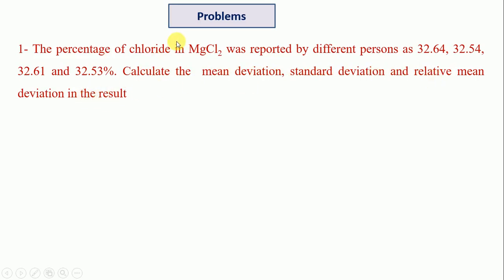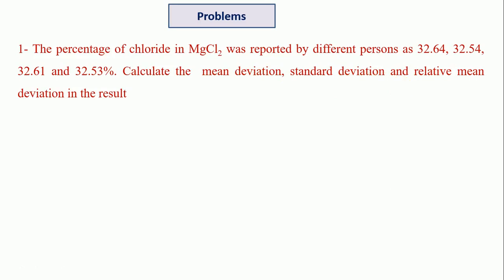So see, 4 different persons determined the chloride percentage in MgCl2, and that percentage is given as 32.64, 32.54, 32.61 and 32.53. And now calculate the mean deviation, standard deviation and relative mean deviation in the result.